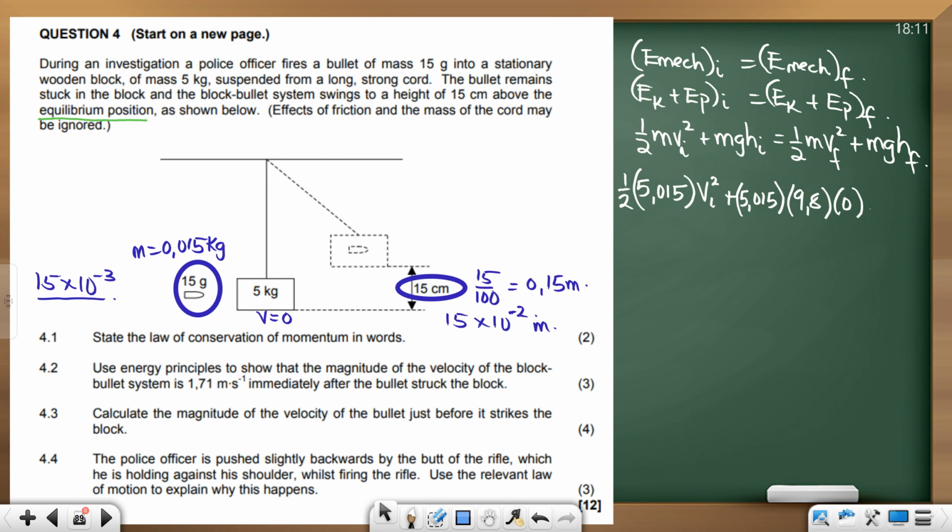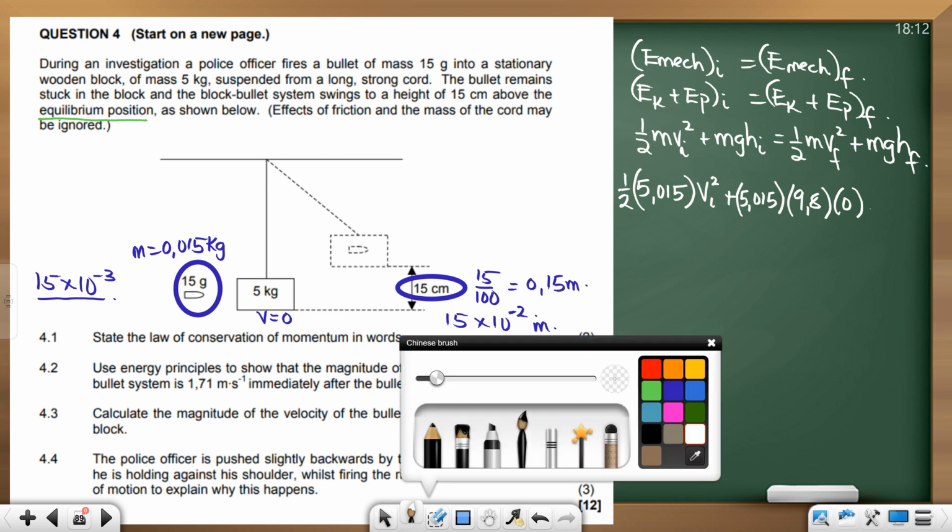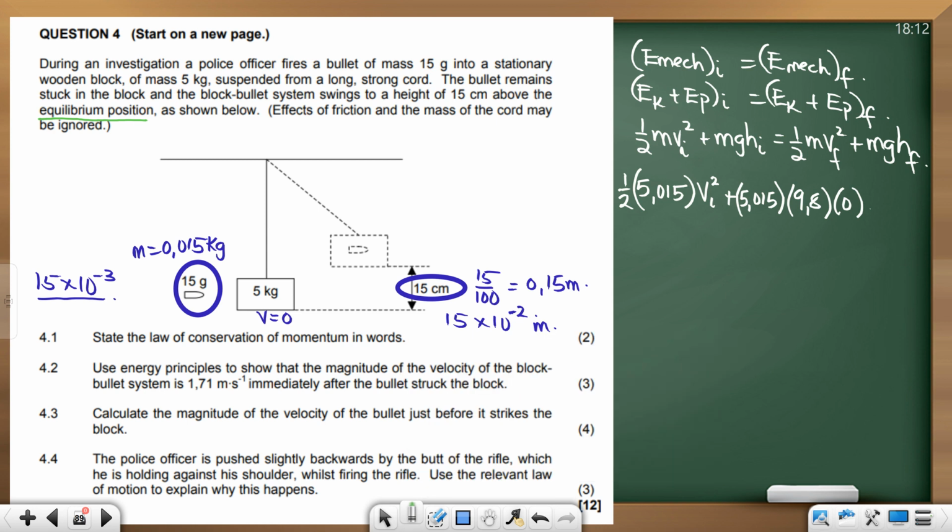Okay. How are you? What are we looking at? Yes, you're saying something? Go ahead. I want to ask where did you get this 5,015? Okay, what are we looking at? Can you see what I'm circling?